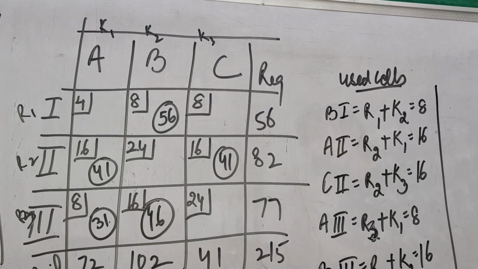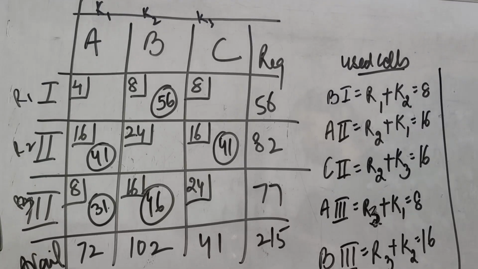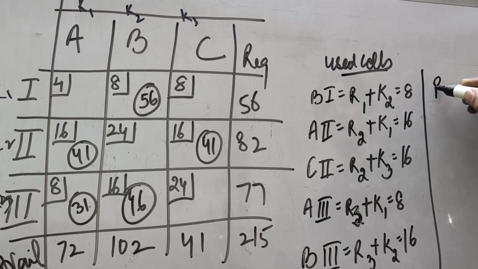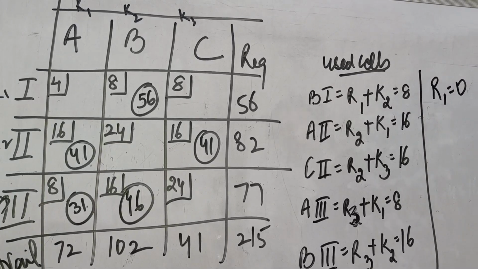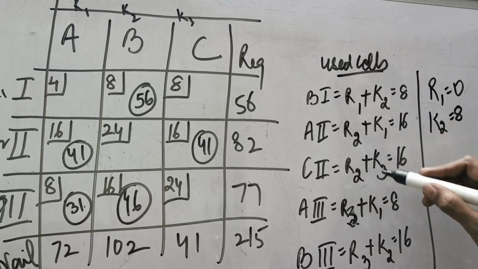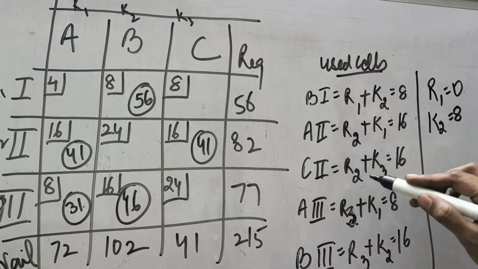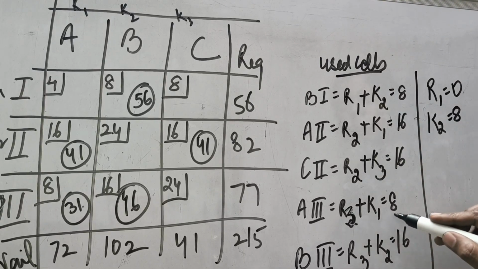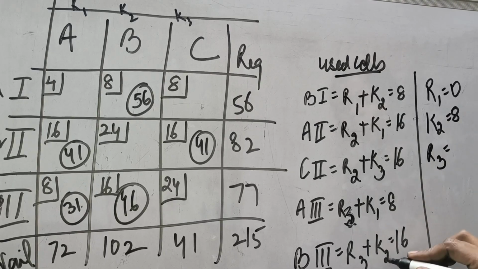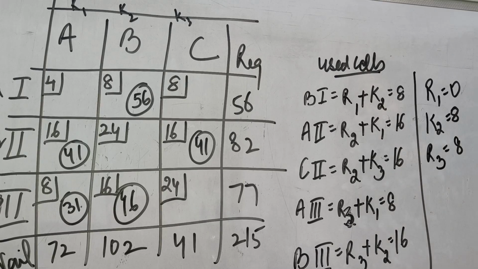From here again we will be assuming any one to be equal to 0 and then we will proceed further. Now let's just take R1 to be 0. If R1 is 0, K2 will be 8. Right? From here we cannot calculate till now. Here also we can calculate this. So row 3, if K2 is 8, R3 will also be 8.